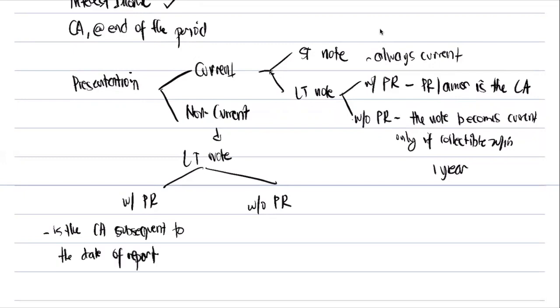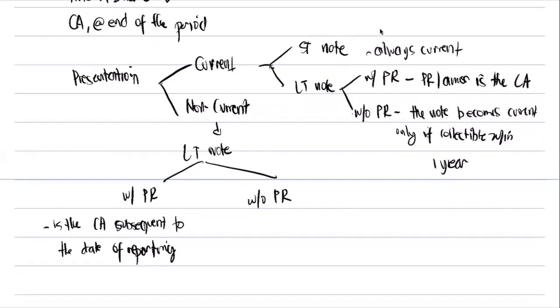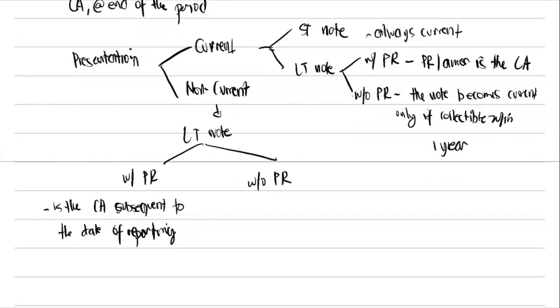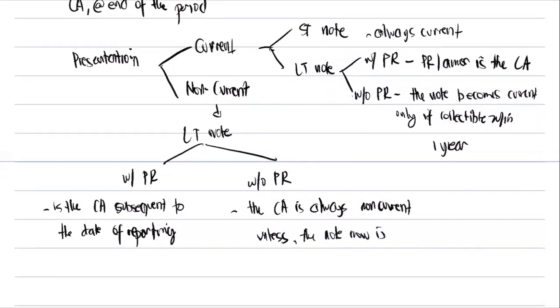Later, we will discuss what your carrying amount subsequent to date of reporting means. Next, if it is without principal repayment, the carrying amount is always non-current unless the note is now collectible within 1 year. Okay, so we follow the 1 year period here in your without principal repayment.